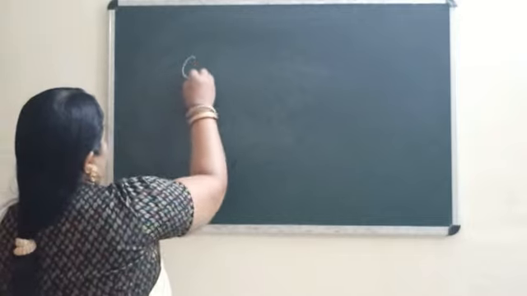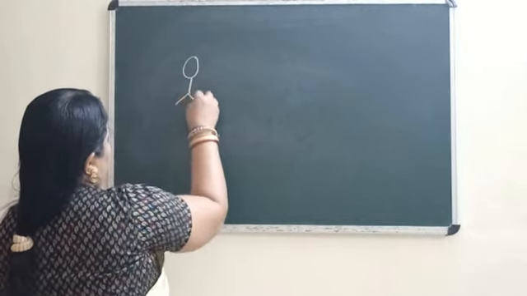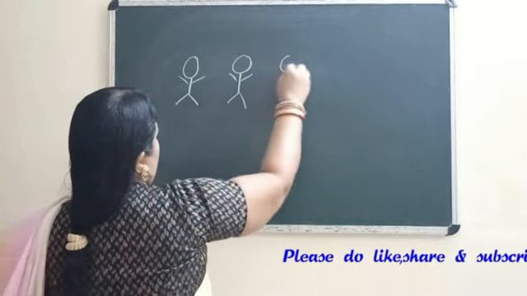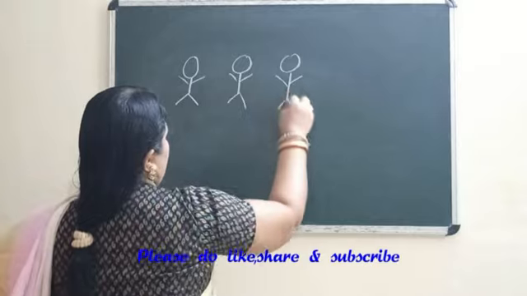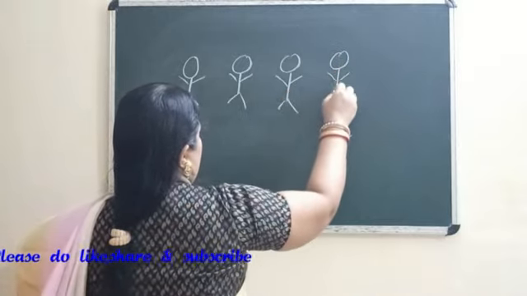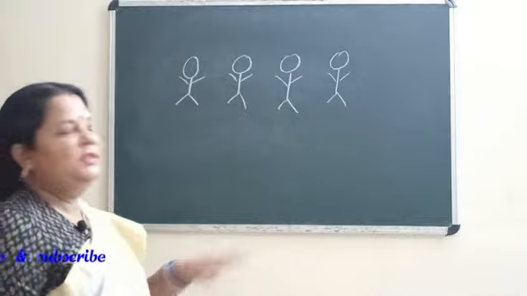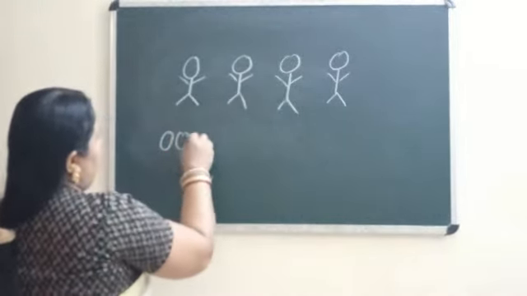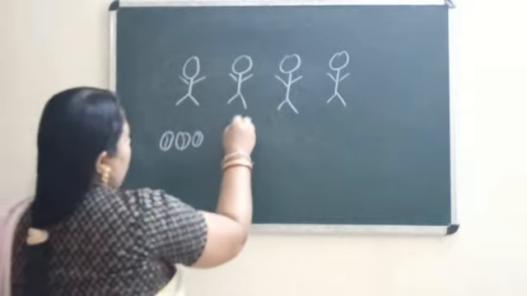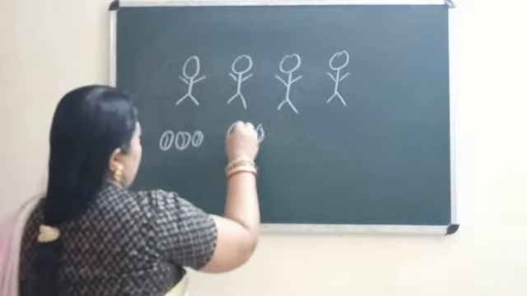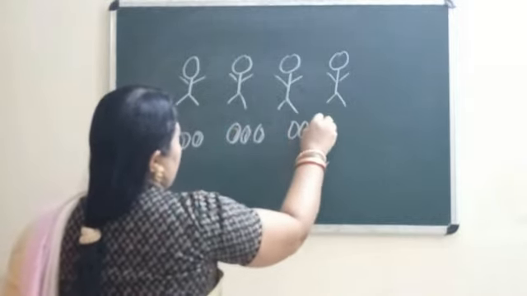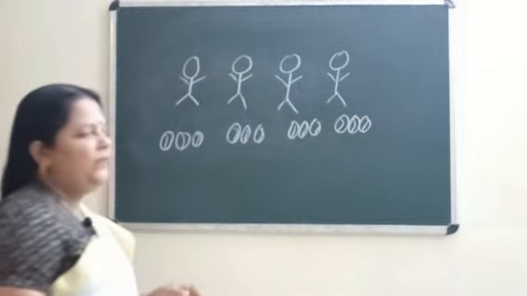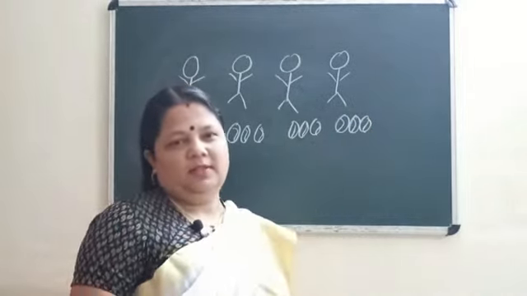I am making one diagram. Everyone look at your board. There are 4 persons, and each one is having three balls.